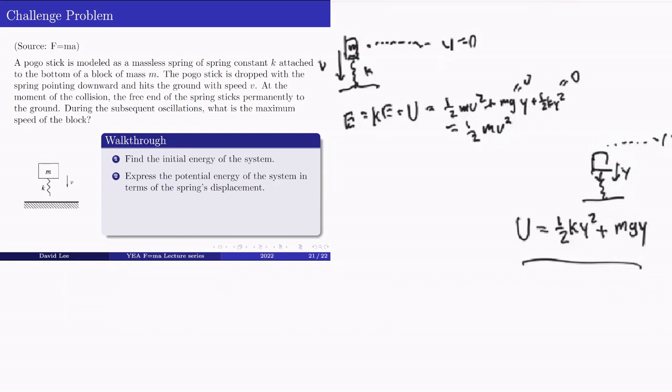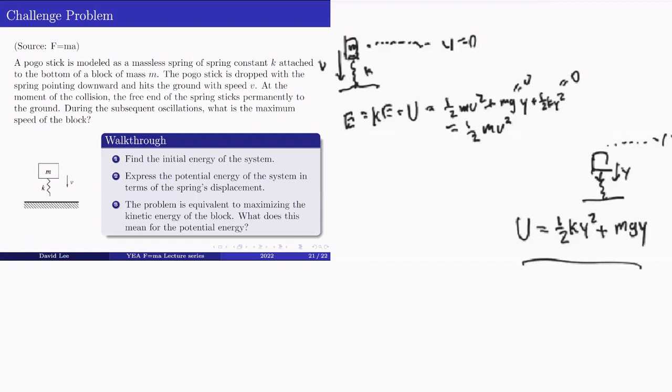Okay, and now we can move on to step 3 of the walkthrough. The observation here is that we want to find the maximum speed of the block, right?